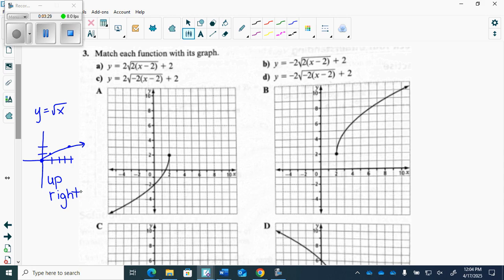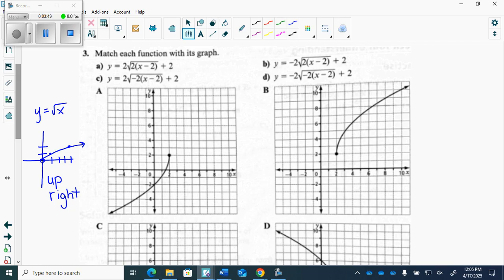Okay? The other thing we have to talk about is what's the only thing that can move this off of 0, 0? Can stretches move it? Stretches multiply, correct? If I multiply by 0, does it change it? No. So a stretch doesn't move it. A reflection doesn't move it.